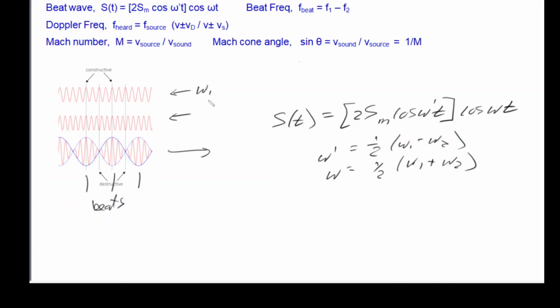And that refers to the two different waves that cause the beat. We can also determine our beat frequency, the frequency of how often we hear the beats, and that's just equal to frequency 1 minus frequency 2.